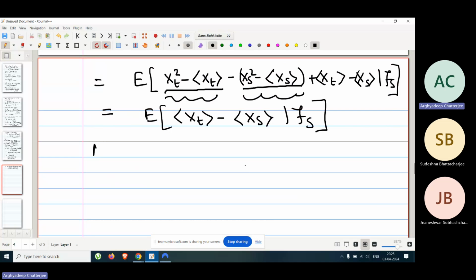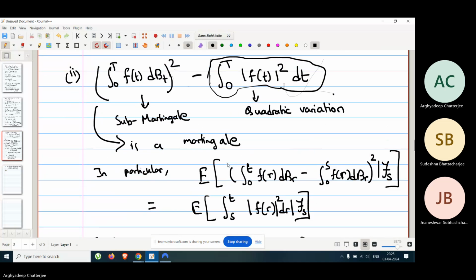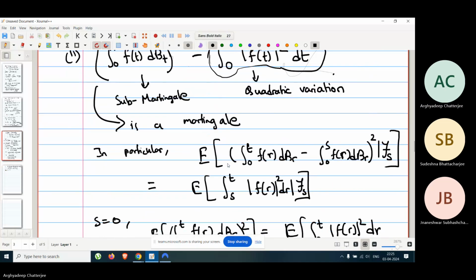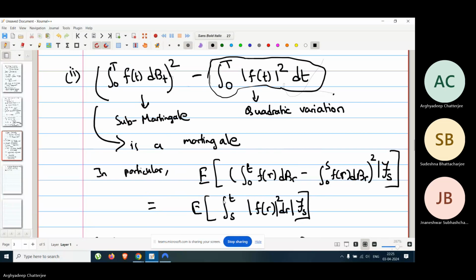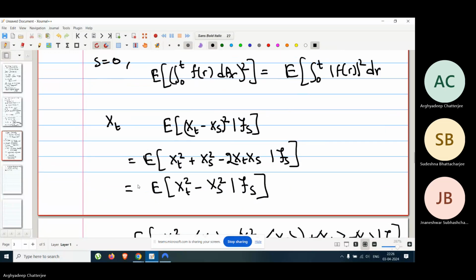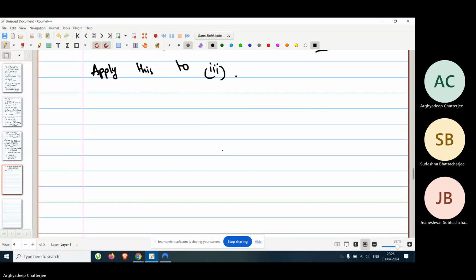So I'll just apply this to 3. Firstly, linearity is clear, right?